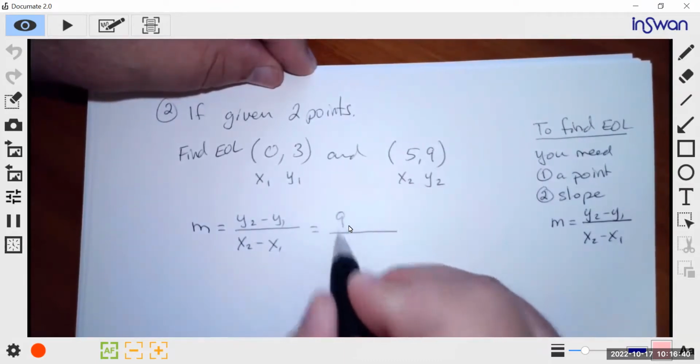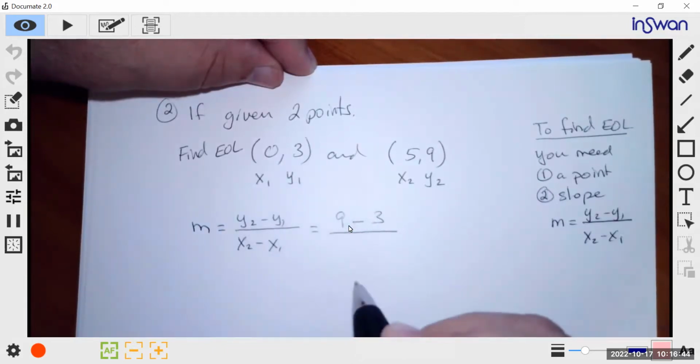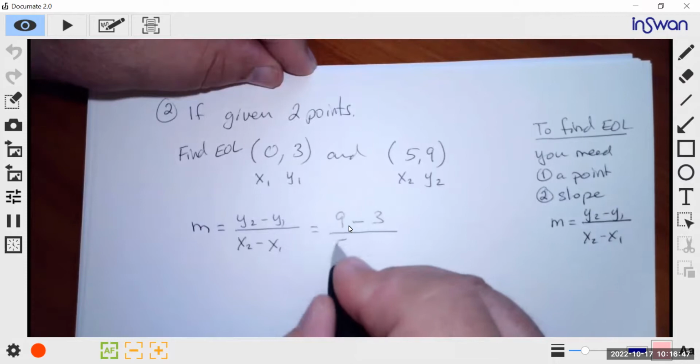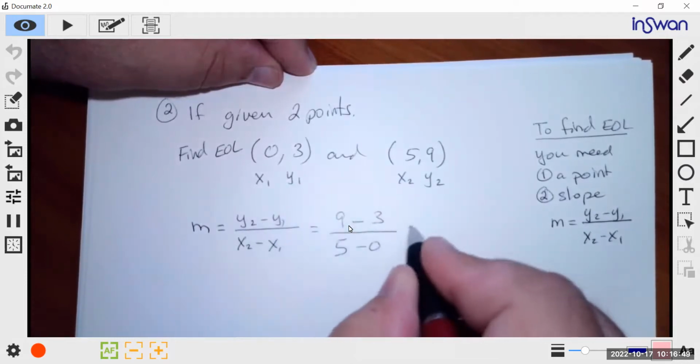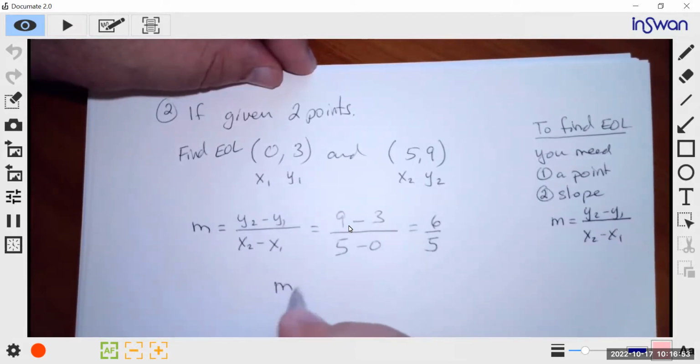Y2 is 9, minus y1 is 3, x2 is 5, x1 is 0. So the slope is 6/5.